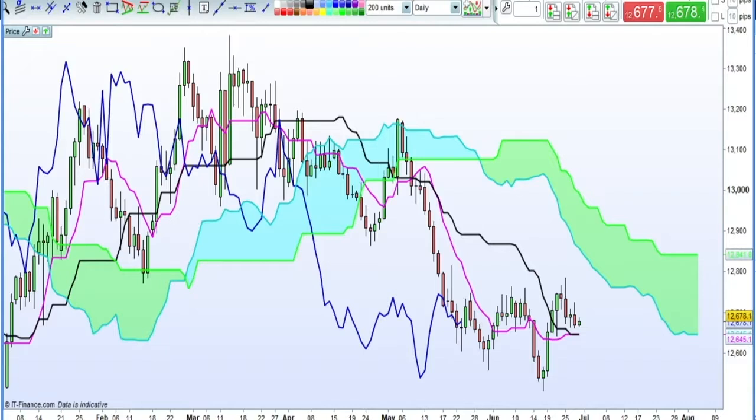Also here I think we potentially have a broadening base pattern where you've had 3 downside tests, 2 pullbacks, and we're on our 3rd one. I'm hoping that this 3rd rally will result in a break above the recent highs. That would complete the base. So I'm not only looking at the clouds, I use conventional things as well.